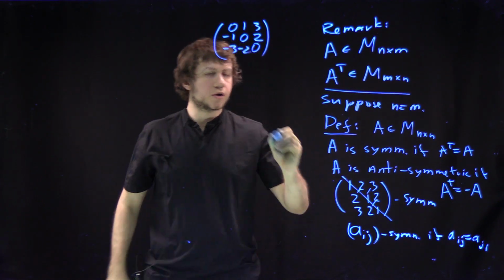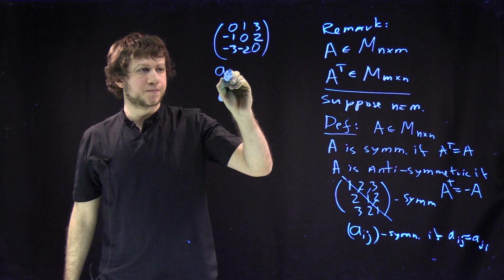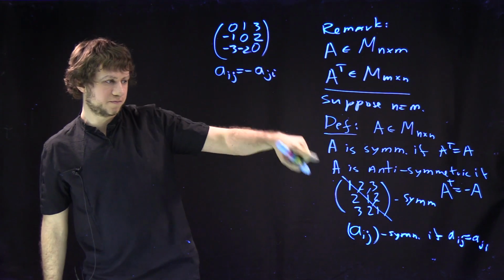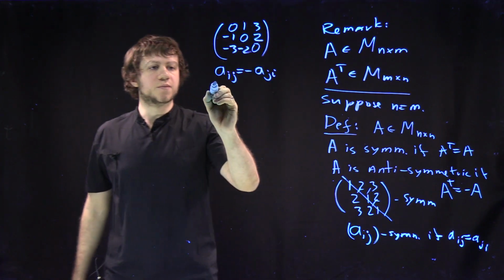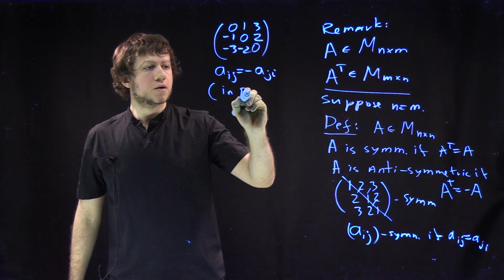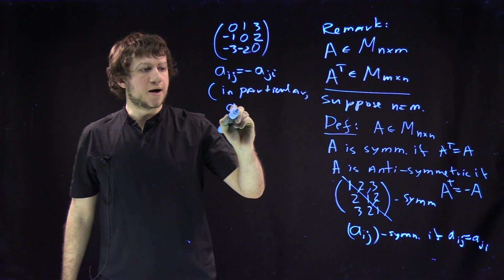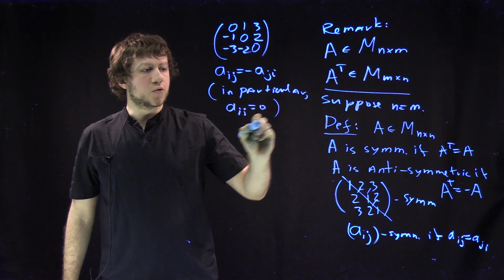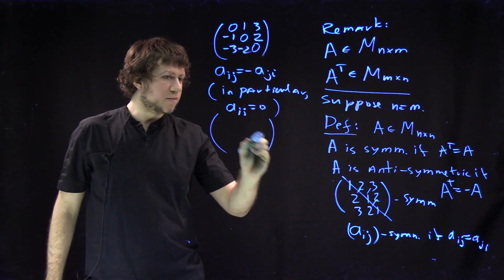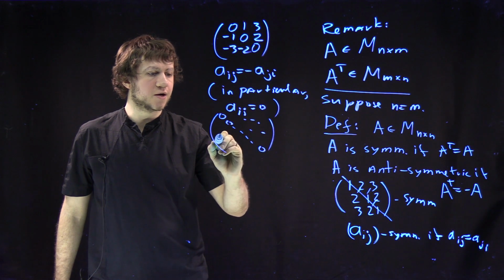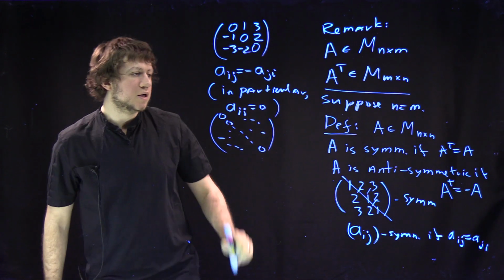And in particular, this is the same as Aij equals minus Aji for all pairs of indices. And in particular, Aii equals 0. So in an anti-symmetric matrix, you will always have 0, 0, 0 on the diagonal. Here you have something, and here you have minus the same stuff.